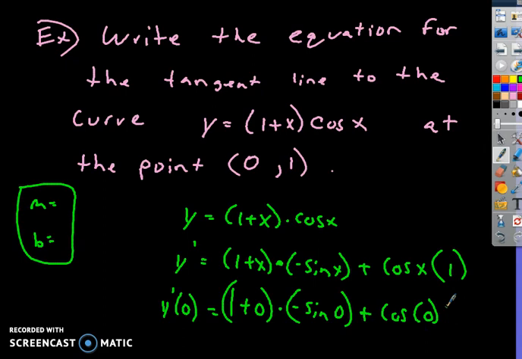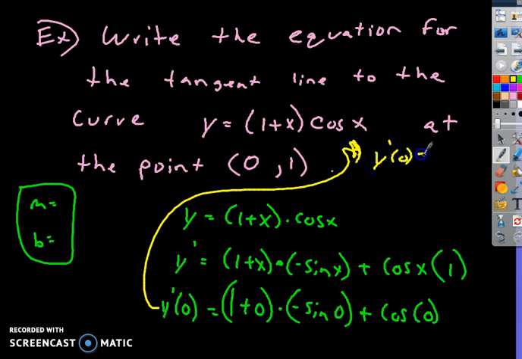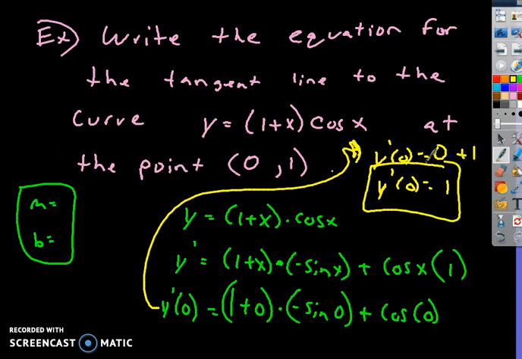So this should simplify to y prime of 0 is, this is 1 times 0, so it's 0 plus 1. So y prime at 0 should be 1. Since I know that, I can now write the equation for the line because I have a point and a slope.